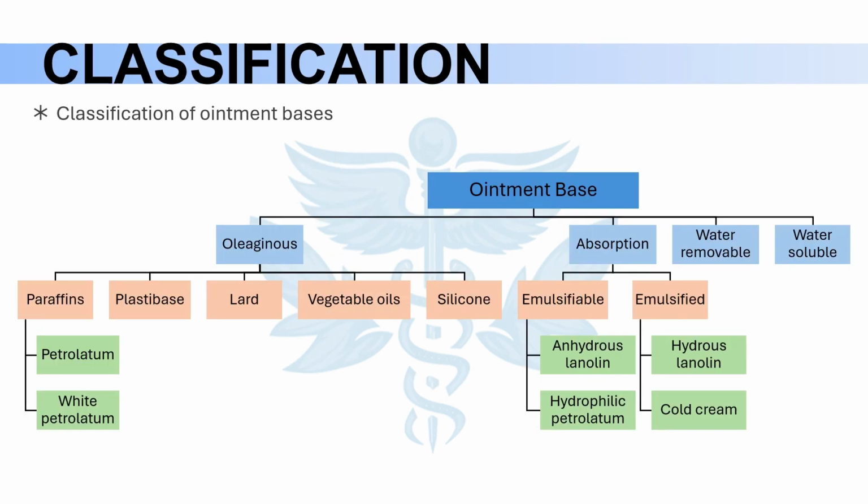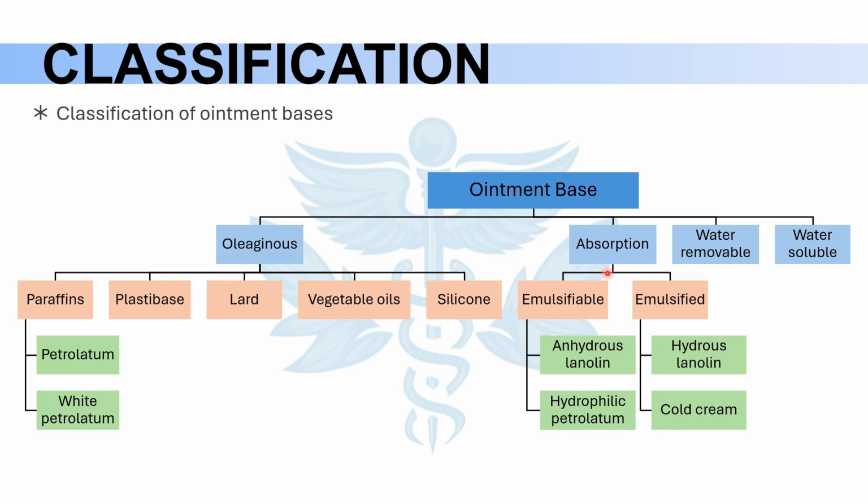So this is the classification of ointment bases. We have 4 main types: oleaginous, absorption, water removable, and water soluble. Under oleaginous, we have paraffins, Plastibase, lard, vegetable oils, and silicon. And under paraffins, we have petrolatum and white petrolatum, and these two are semi-solid hydrocarbons.